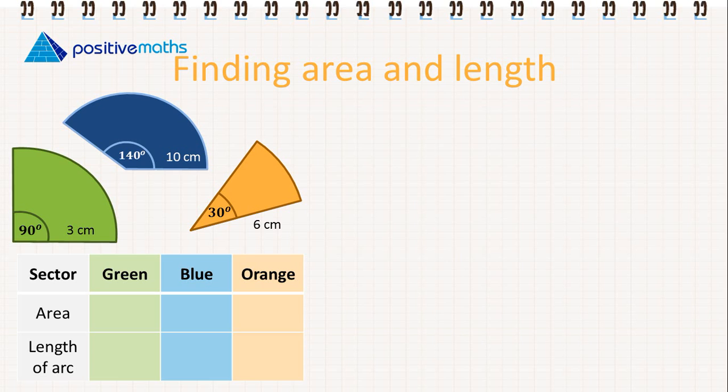Okay, so let's work on finding the area of each of these sectors and the length of their arcs. First of all, our area. To recall the formula, it's going to be the angle divided by 360, which gives us the fraction, multiplied by the formula for area, so pi r squared.